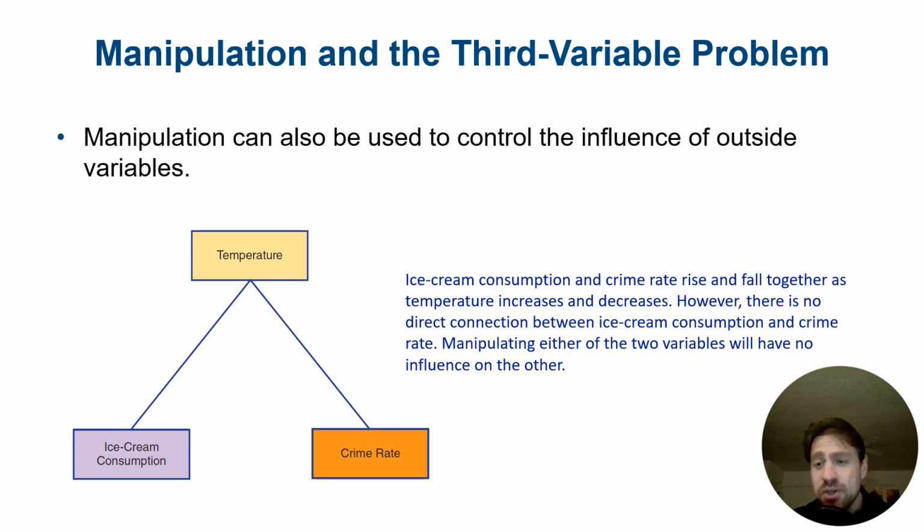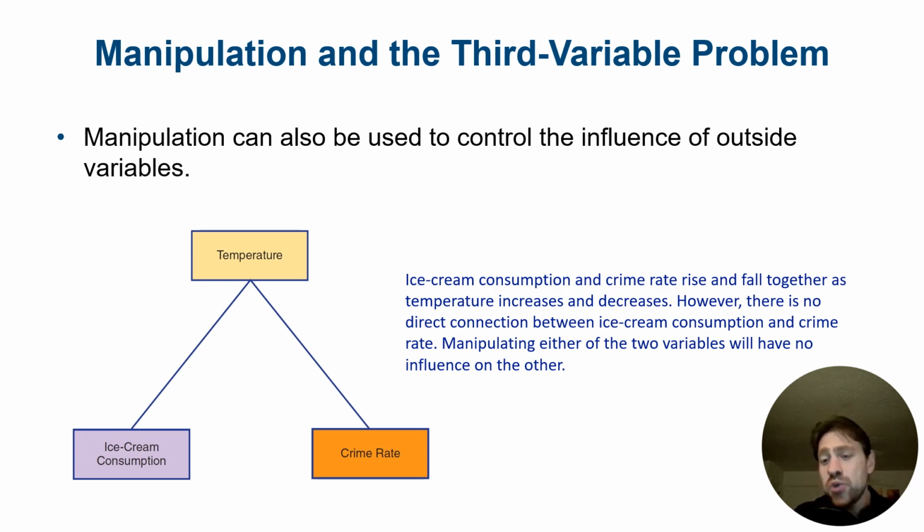As crime rates go up, ice cream consumption also goes up. And crime rates are also related to temperature. So if you're studying the relationship between temperature and appetite, as measured by ice cream consumption, then crime rate emerges as a potential third variable.